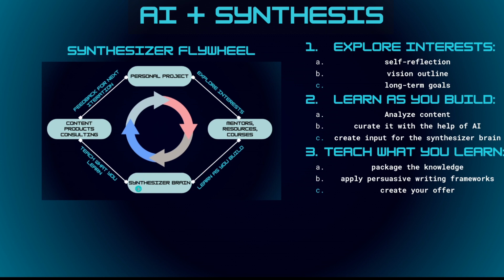From the synthesizer brain that will store the curated content that we processed, we'll use AI to help us write in a persuasive way using writing frameworks like PASO, APAAG, etc. And we will learn how to apply those frameworks with AI on the nodes that we'll create inside the synthesizer brain.